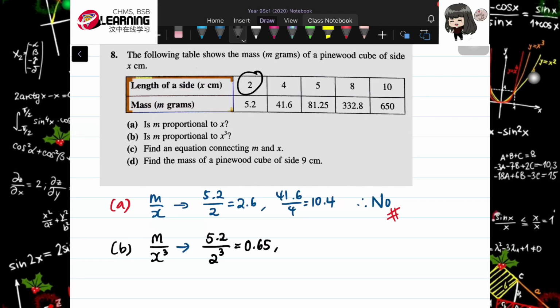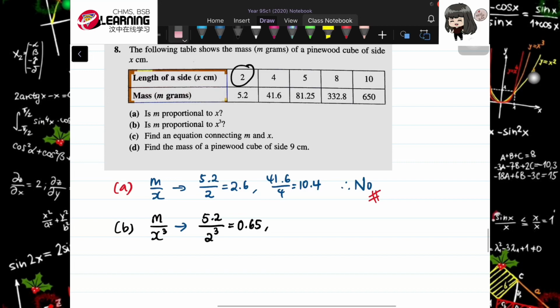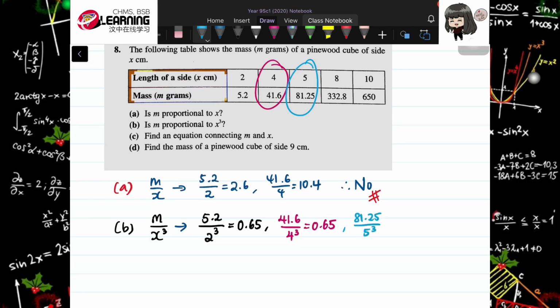5.2 divided by 2 cubed gives 0.65. Let's find out the second one: 41.6 divided by 4 cubed, and you get 0.65. There is a possibility there. The third one: 81.25 divided by 5 cubed, and if you press the calculator, yes, it is 0.65.